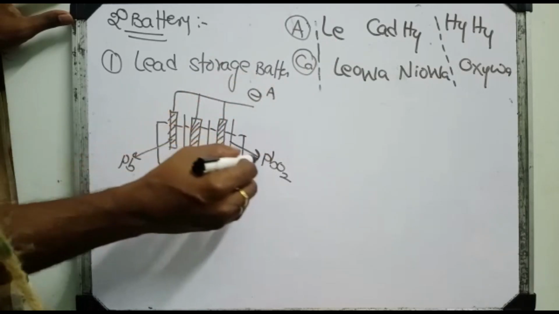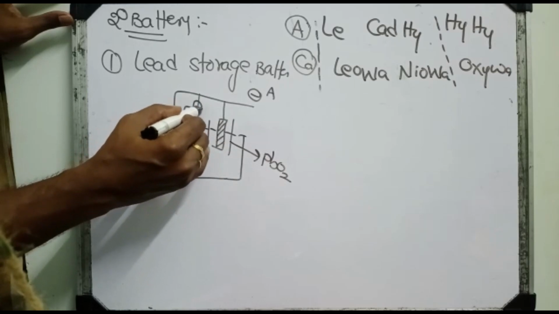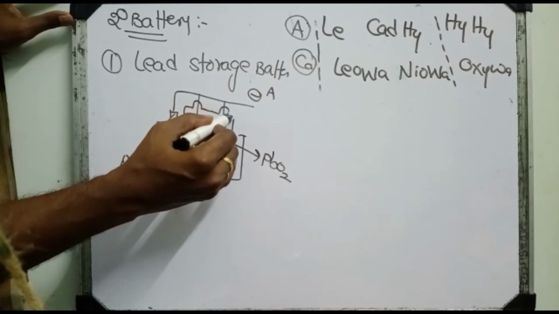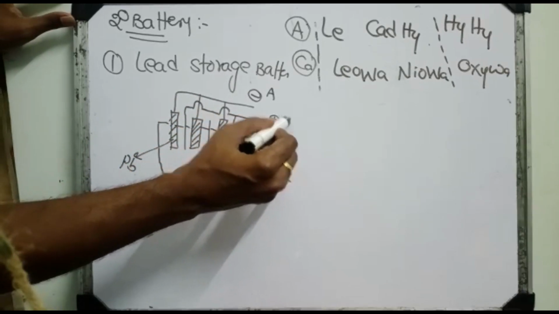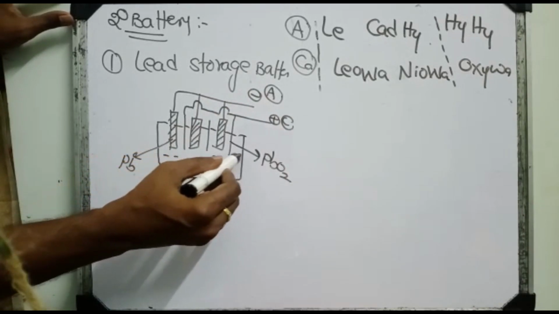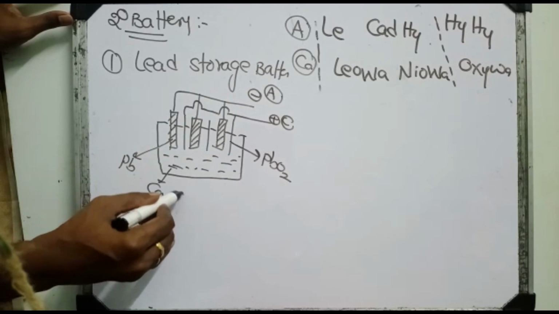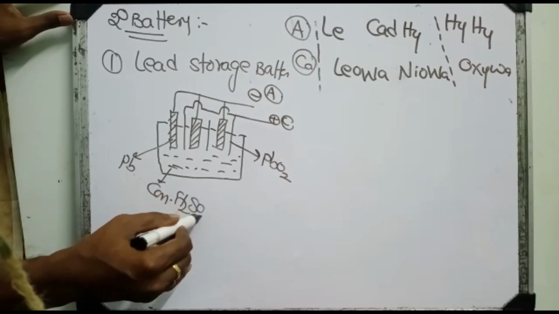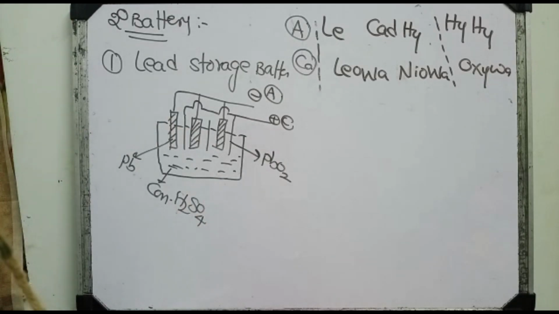Next, the lead oxide is connected with the positive terminal, cathode, and it is completely immersed in concentrated H2SO4 solution. This is the original representation of it.